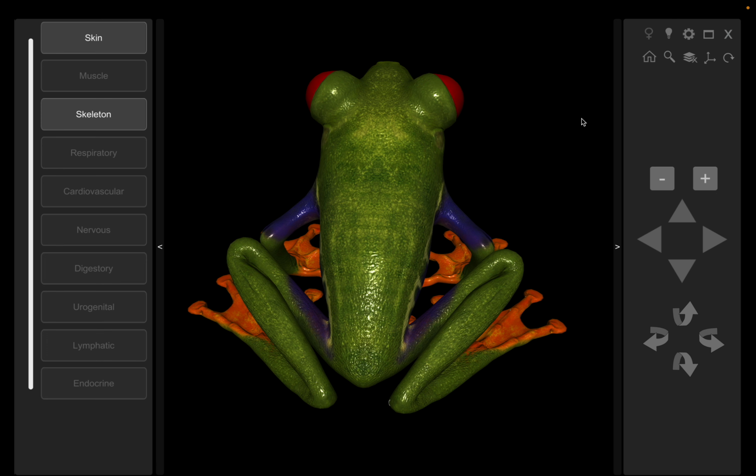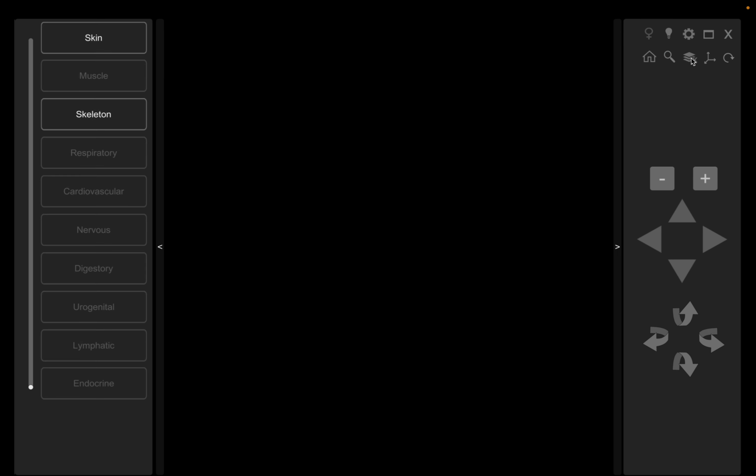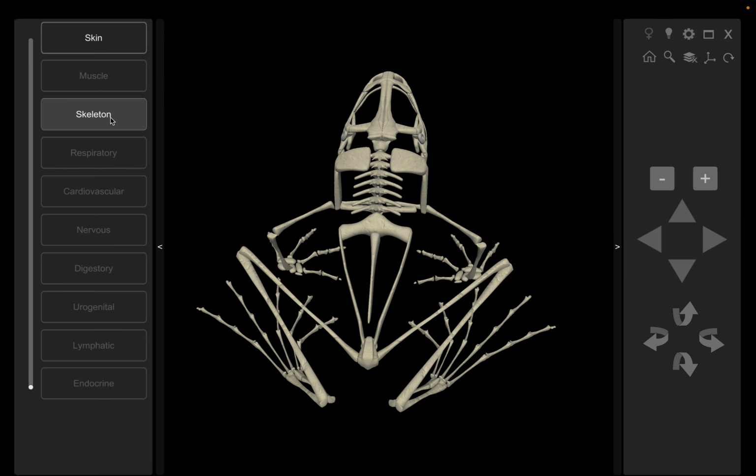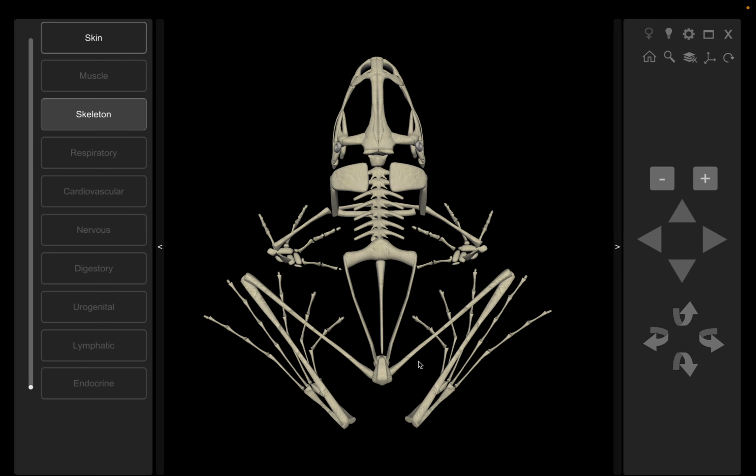In this demonstration we will remove the skin and look into the skeleton. Here you can see a generalized schematic of the amphibian or the frog skeleton. Let's remind ourselves of the orientations or the views.